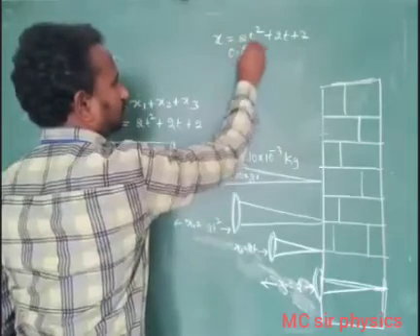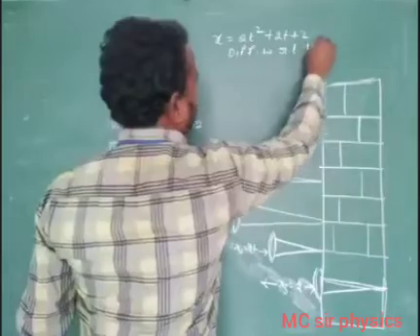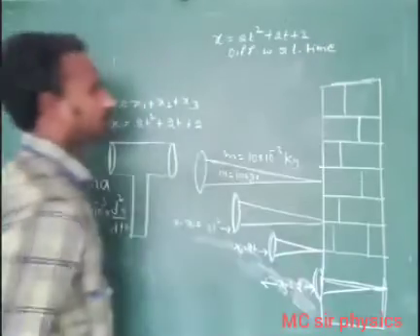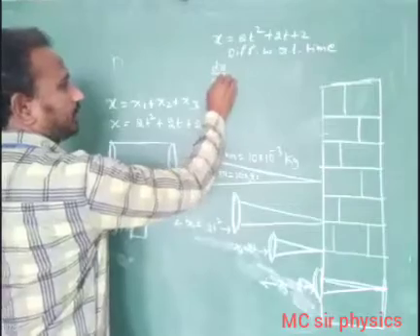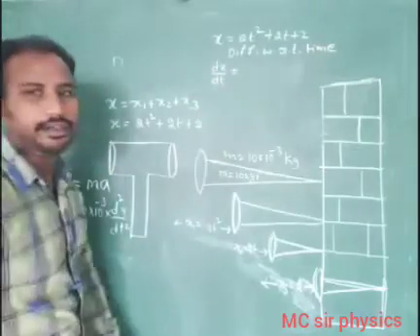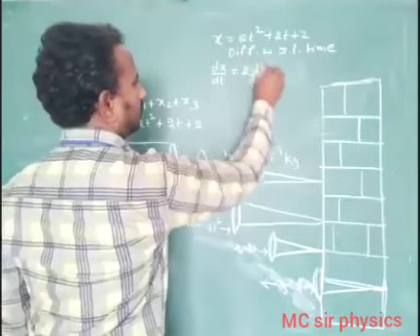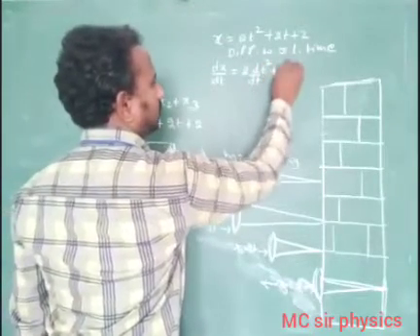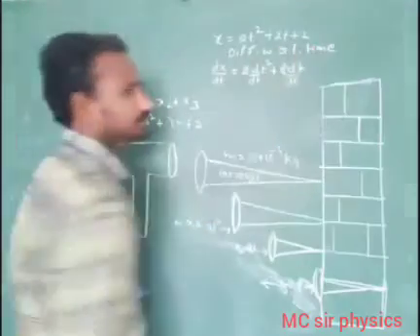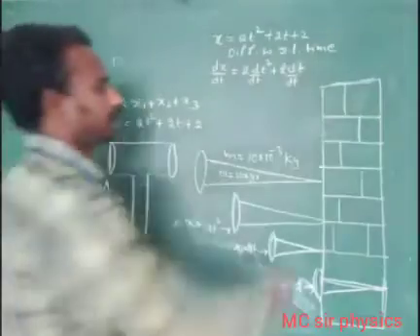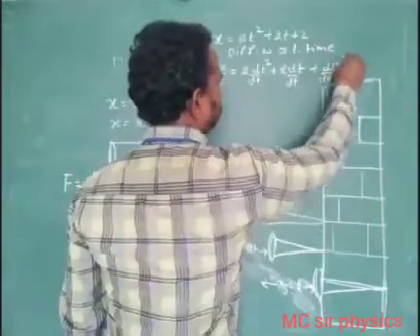Differentiate with respect to time. Apply d by dt of x: 2 into d by dt of t square plus 2 into d by dt of t plus d by dt of 2.